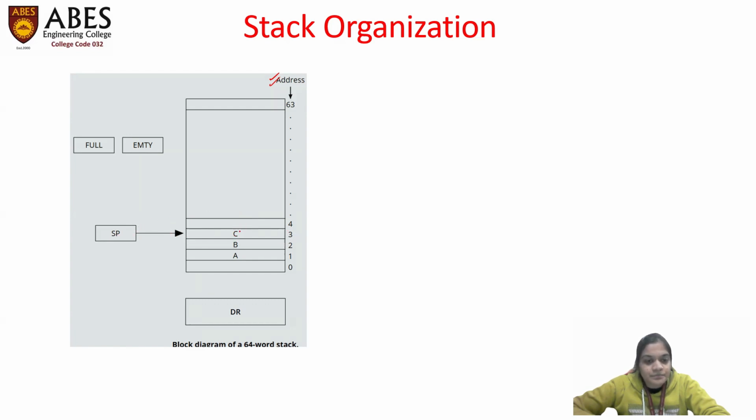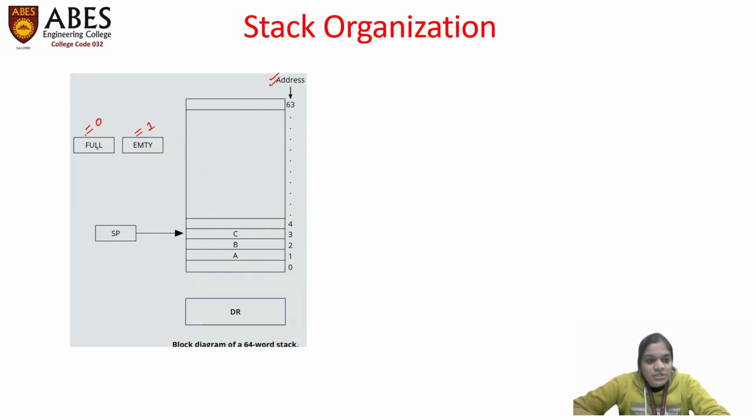Now if the value of the full flag is equal to 0, then it means that there is space inside the stack register for inputting the data. And when full is equal to 0, empty should be equal to 1.